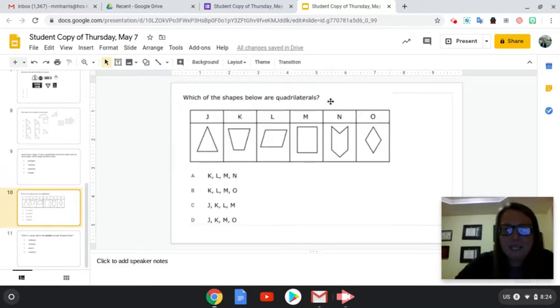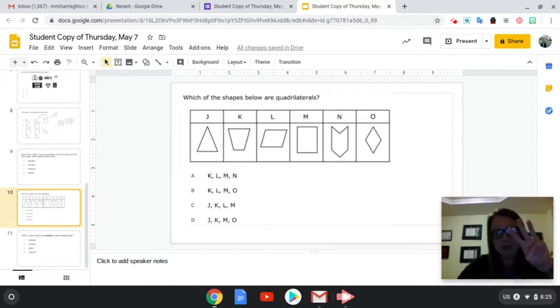All right, now we want to know which of these shapes are quadrilaterals. Is J a quadrilateral? No, so that automatically rules out C and D. Is K a quadrilateral? Yes. What about L? Yes. Remember, a quadrilateral is any four-sided polygon. M?